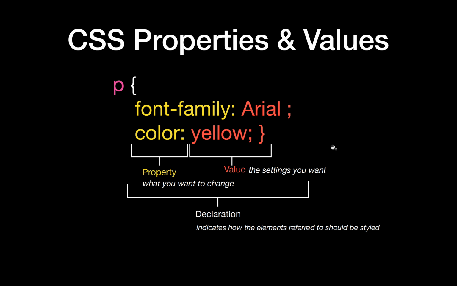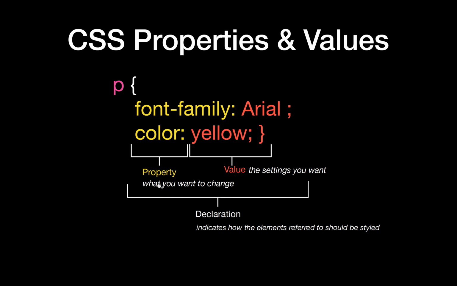All right, so breaking that down a little bit more. We talked about our CSS rule. We talked about the selector and the declaration. So again, selector, declaration. And within the declaration, we have one more level, okay? We have what is called a property and a value. So this whole thing here is our declaration.